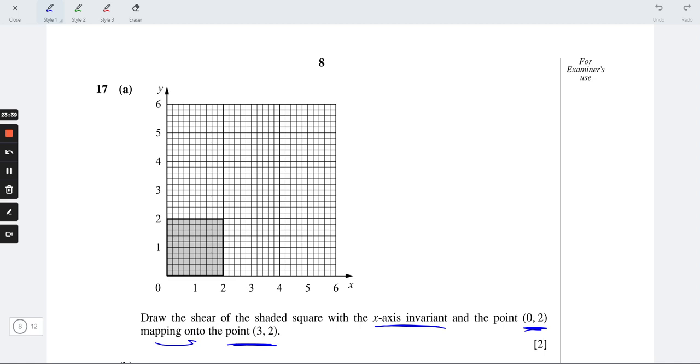These points are 0, 0, and point 0, 0 will map to 0, 0.